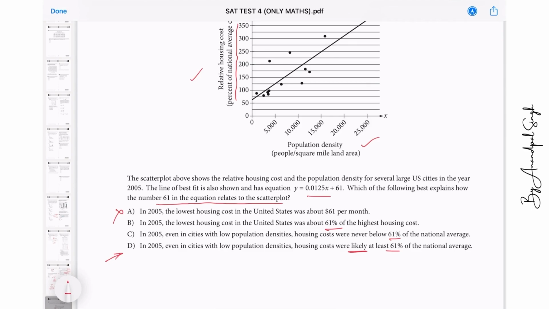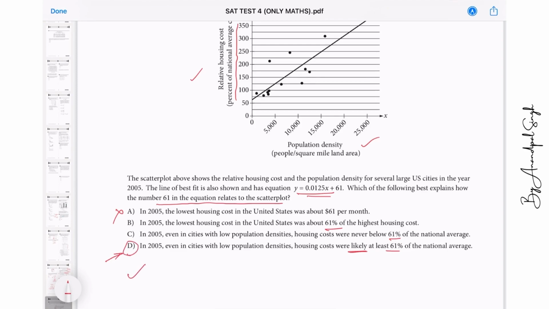So we might say that on average a city of population density x is expected to have a relative housing cost of, say, y%, which is given by y equals this. So the number 61 in the equation represents the y-intercept, right? So choice D is the nearest answer. So I will go with D.